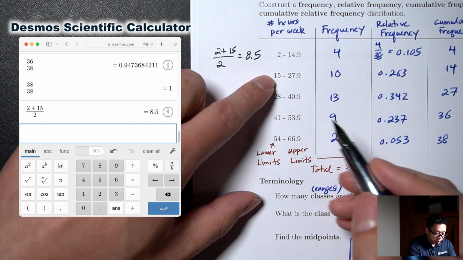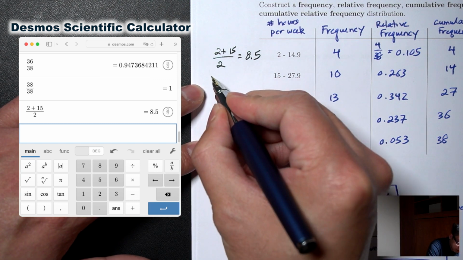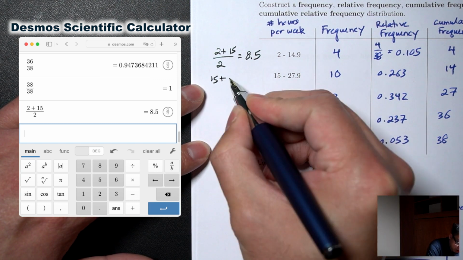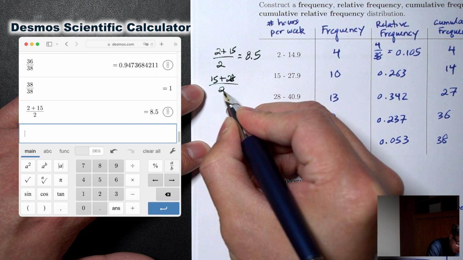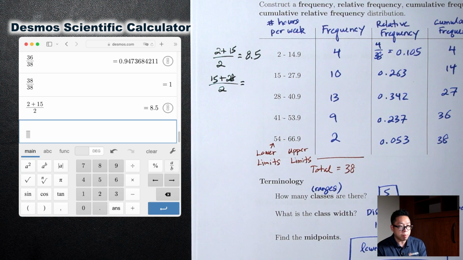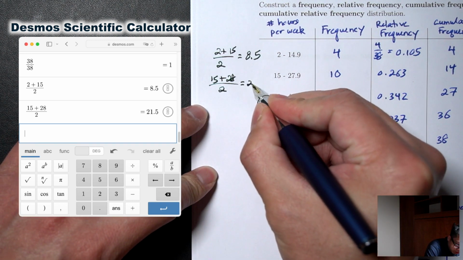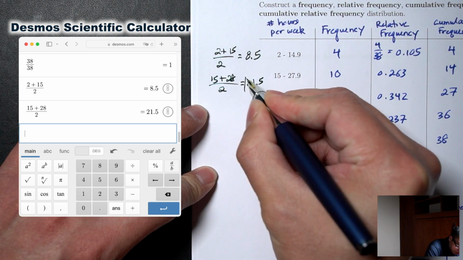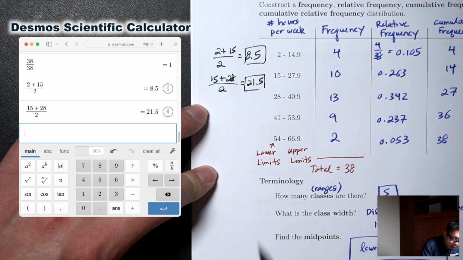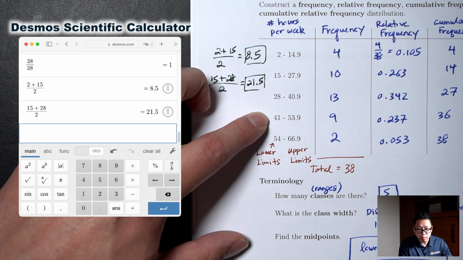The next midpoint is going to be 15 plus 28 divided by 2. So 15 plus the next lower, which is 28, divided by 2. All right, on my calculator, fraction up top, 15 plus 28, on the bottom, 2. 21.5. Next one, 28 plus the next lower, 41, divided by 2.